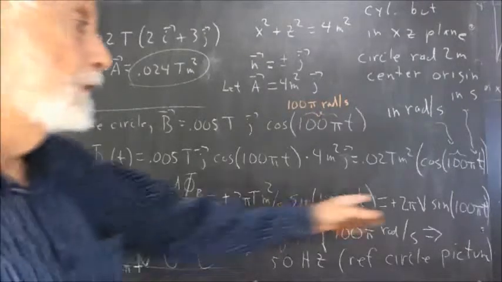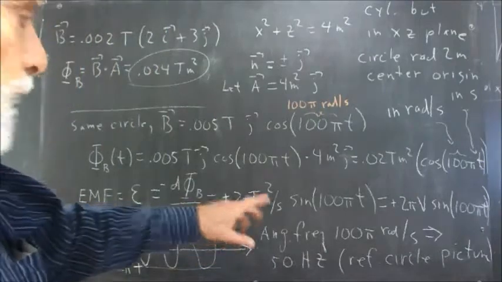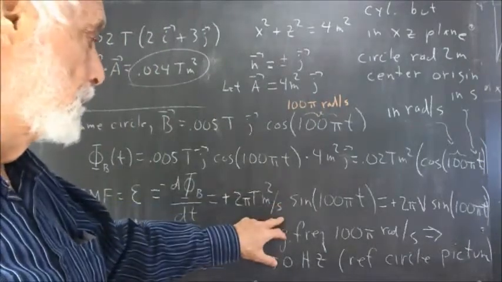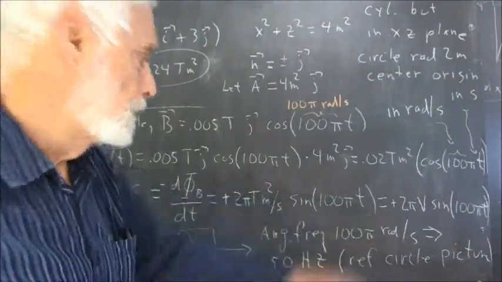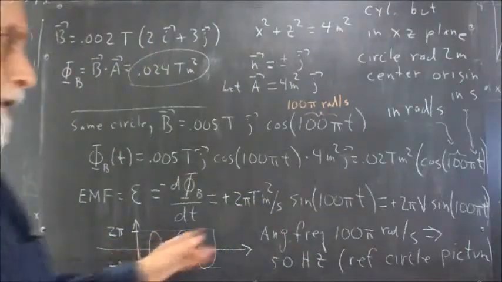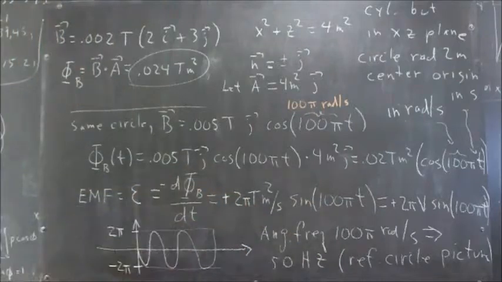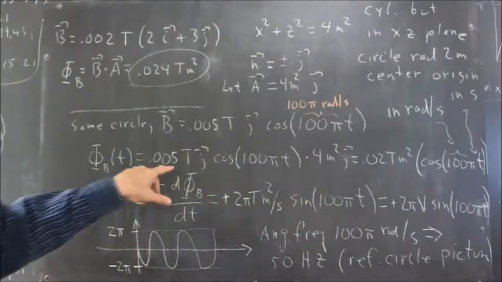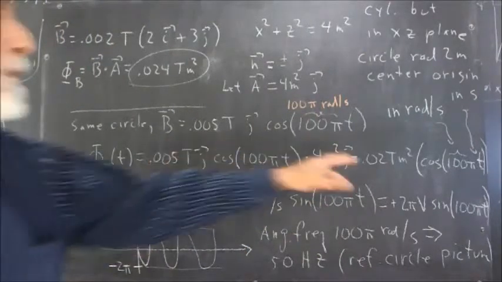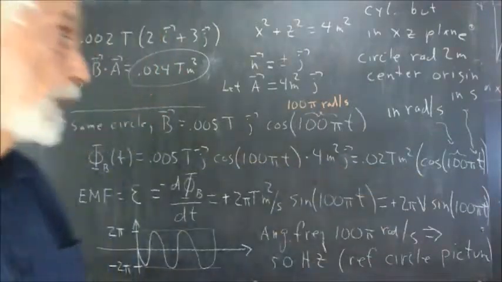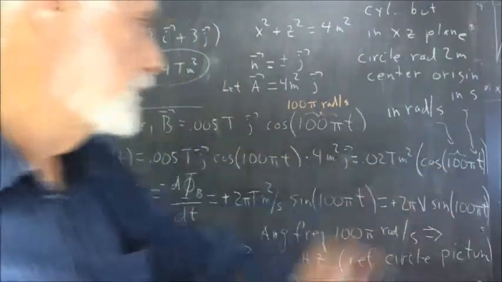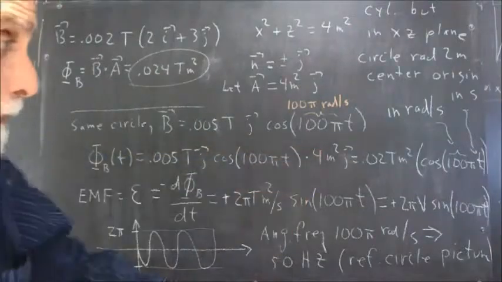In any case, it's a straightforward derivative, and we get 2 pi Tesla meters squared per second times sine of 100 pi t. The 2 pi comes from a chain rule, which gives you the factor of 100 pi out of here. 100 pi multiplied by the 0.02 Tesla meters squared. And of course, we're taking the derivative of this expression, which is the same as this expression.